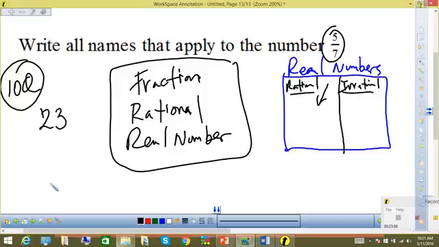All right, check with the neighbor, see what kind of names he got for that.